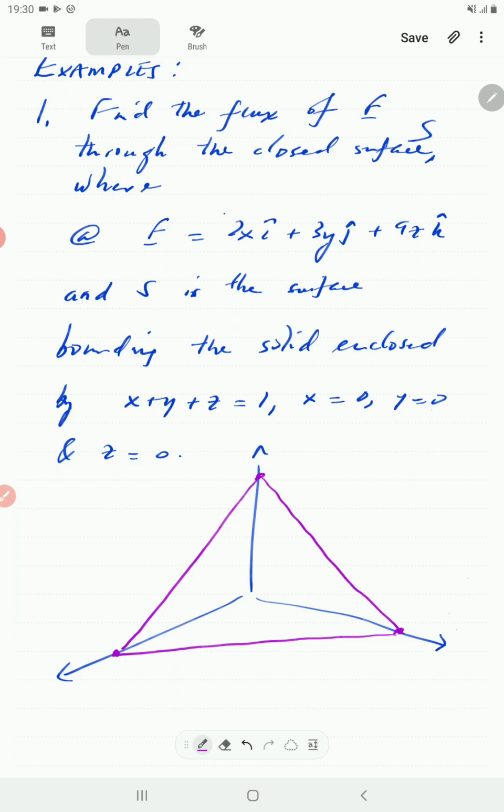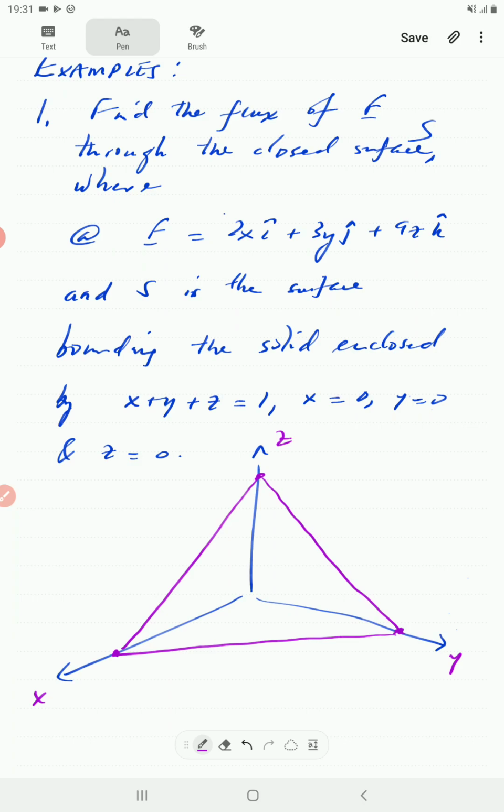And then of course z equals 0 is the xy plane. y equals 0 is the xz plane, and x equals 0 is the zy plane. So the shape we have here is a prism.